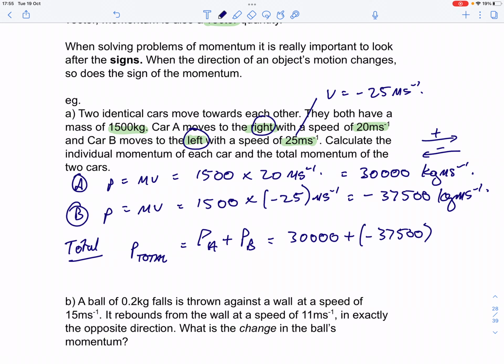We end up taking them away from each other, and we get a total momentum of minus 7,500 kilogram meters per second, which sounds counterintuitive. The total is quite a small and negative number, but it just means the balance of the momentum is towards the car moving to the left, because it has a higher velocity and the same mass. So that's how you would look at a question like that.